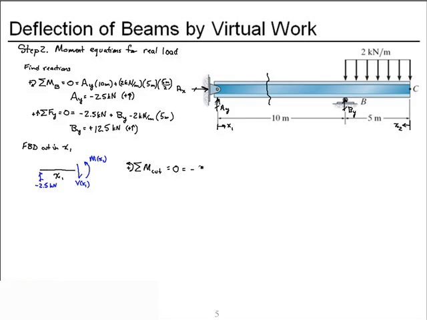I get a negative rotation in the direction drawn, but a negative magnitude for our reaction at A through a distance of x1, and my unknown moment at the cut, M. Solve that, and I find that my moment equation is minus 2.5 kilonewtons times x1.